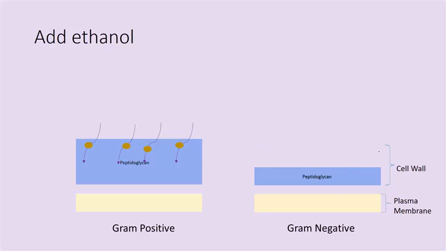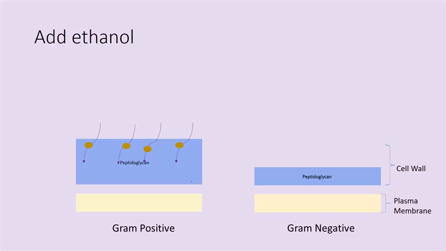So this is what we have after we've added the ethanol. And because of the loss of that lipid layer in the gram-negative cell wall, the crystal violet and the iodine also disappear because they were stuck into that layer. When that lipid layer goes away, so does the crystal violet and the iodine stain.